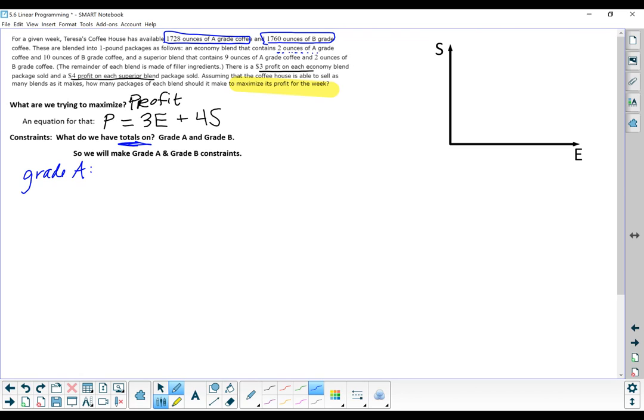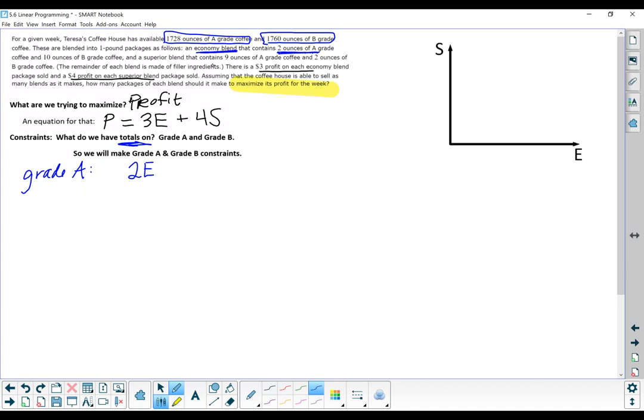Now I'm trying to write an A equation. So I need 2 ounces for each economy bag. And it's really hard at first to read these sentences and come up with an equation. I'm focusing on grade A right now. So 2 ounces for an economy blend.